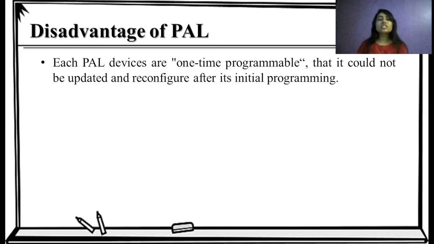So PAL devices are only one-time programmable and we can't reconfigure them after initial programming. Hence it is less flexible, because we have only one programmable logic array. So this is less flexible compared to PLA, that is, programmable logic array.